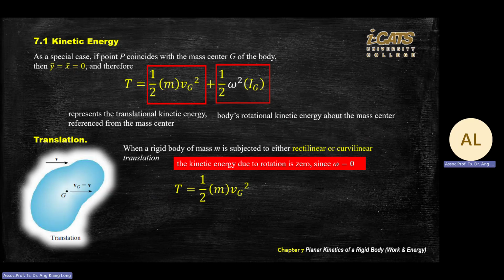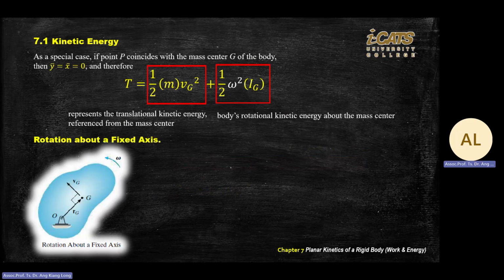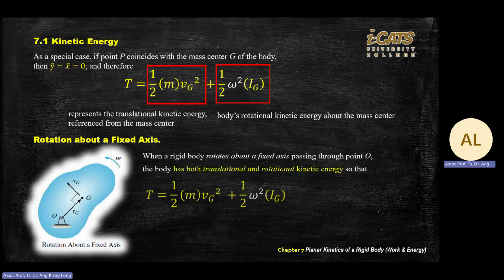If there's no rotation and the object moves in a straight line, translation, then you only use half mv squared. If you have a rotation, you see omega in the diagram, you need to include I omega squared.